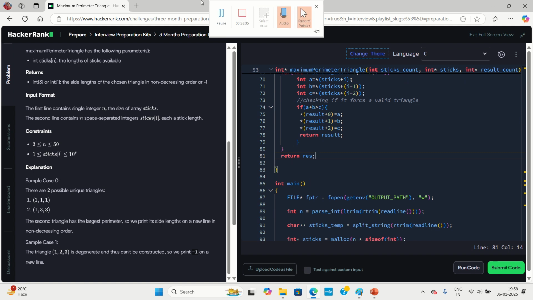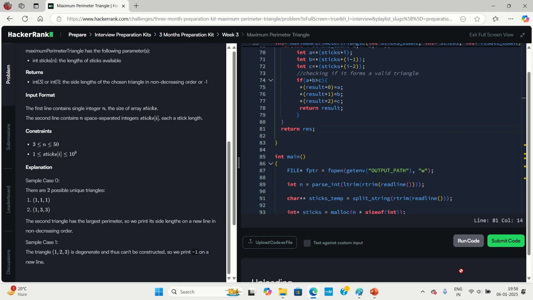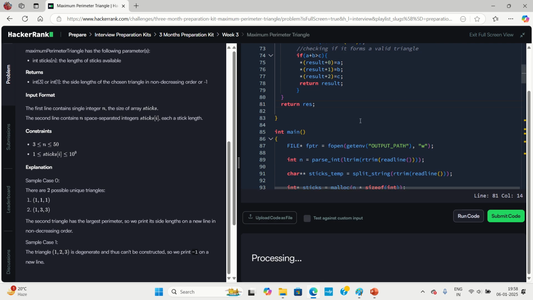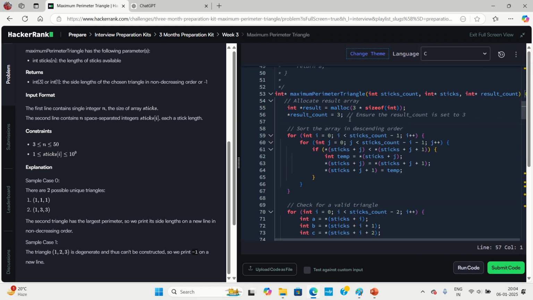So let us run this code once and check if it is returning the correct result or not. Okay guys, so this was our implementation logic, and here we have used our result array and allocated it dynamically. Actually here there were a few mistakes.